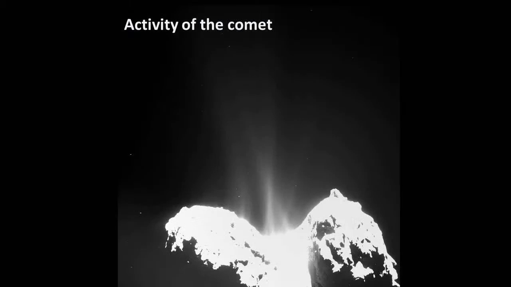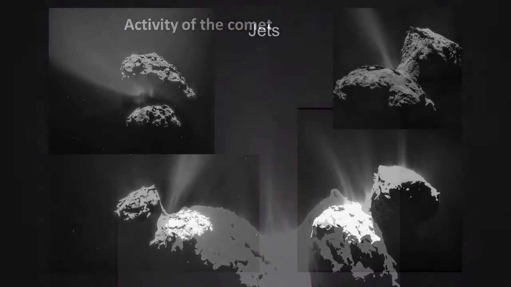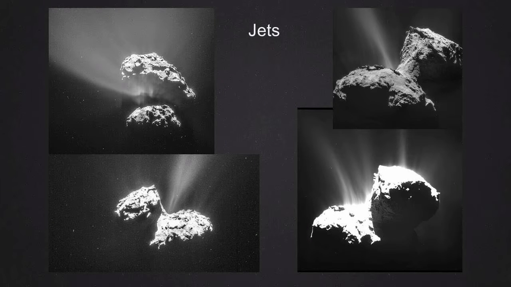So the comet activity, we could clearly see it coming from the neck regions already very early in the mission. Here a picture of February 2015, still quite far from the sun. And we see jets coming out of the neck region.